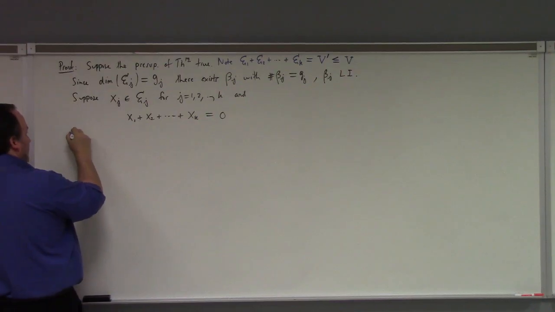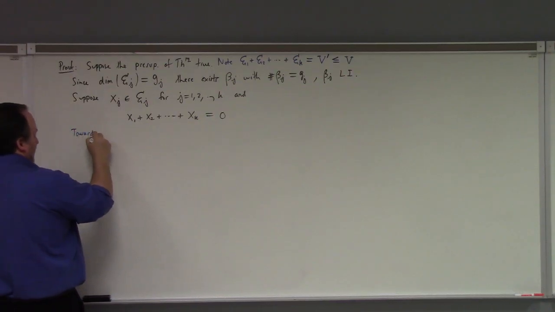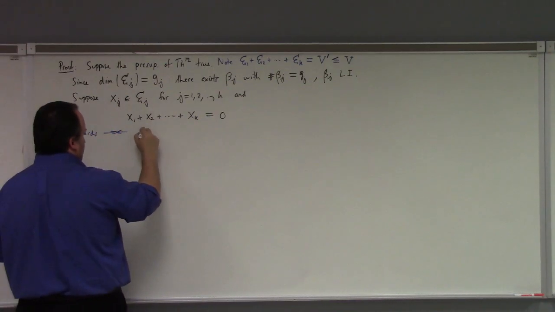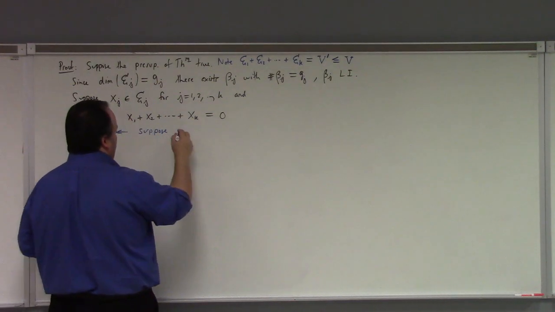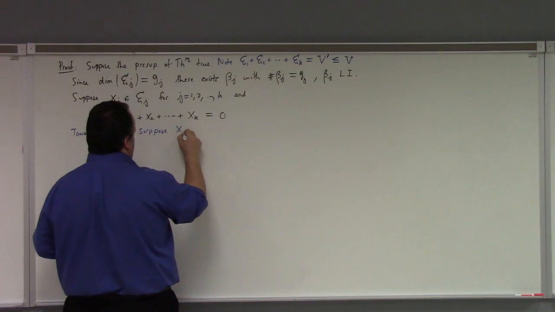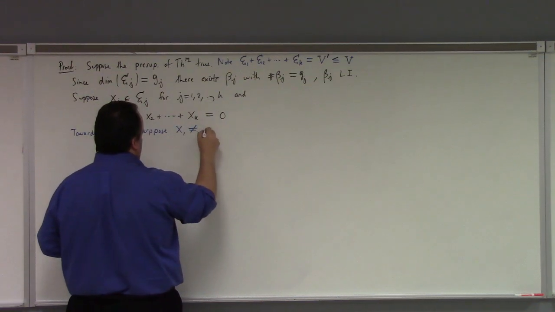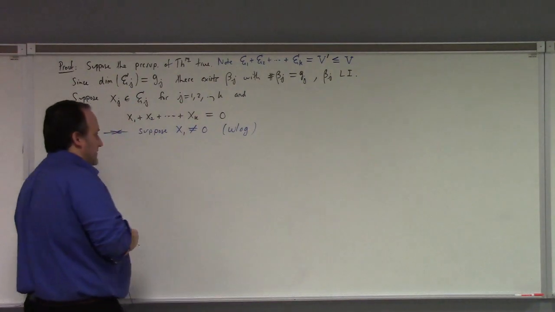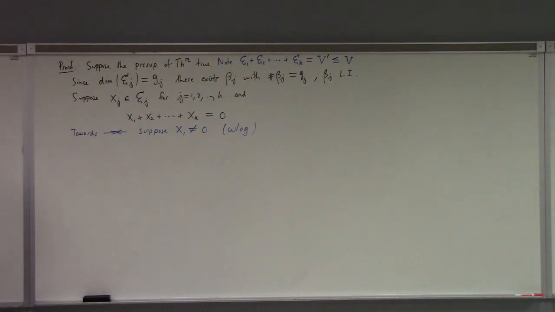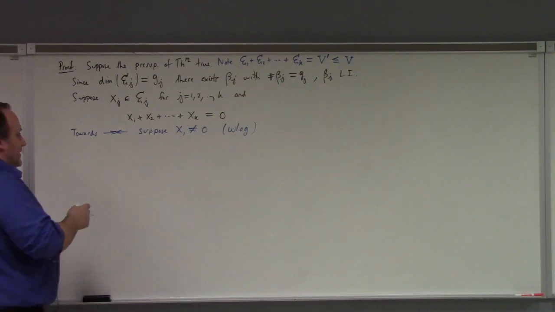So towards a contradiction, suppose that, for the sake of specificity, x1 is not equal to 0. I think it's clear that there's no loss of generality there. If you don't like it, you can look at my notes. I used an arbitrary x sub i, but I think the argument will be easier to follow if we just use 1.